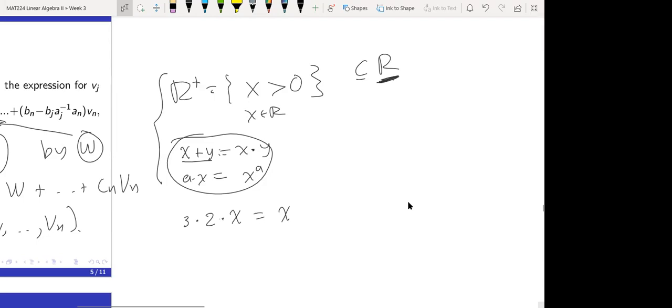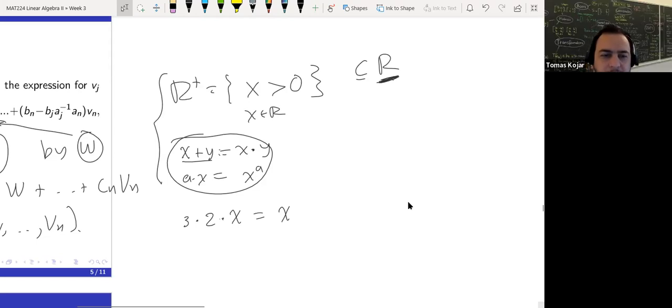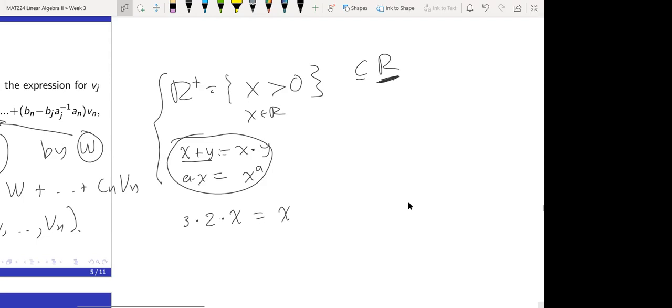I'm not sure whether the ordering of options is the same, but one of the options is that R plus together with plus apostrophe and dot apostrophe is a subspace of R, right? I selected that. Is that true or false initially?